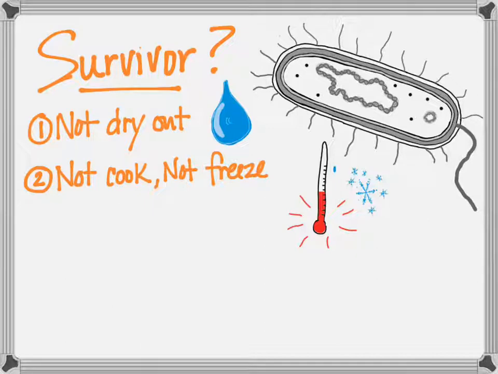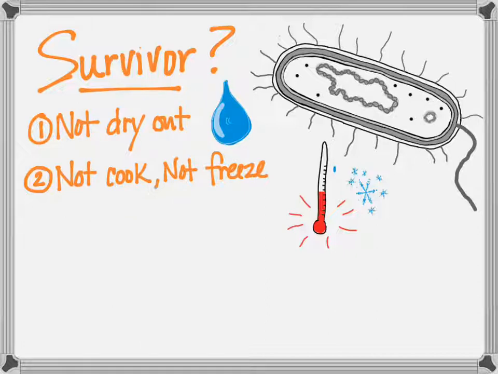When the environment gets too cold, that's it. They're done. We call this need for stable conditions of temperature and moisture homeostasis, or a steady state. And all living things have this need for maintaining homeostasis. Poor little bacteria, they just don't have a whole lot of control.